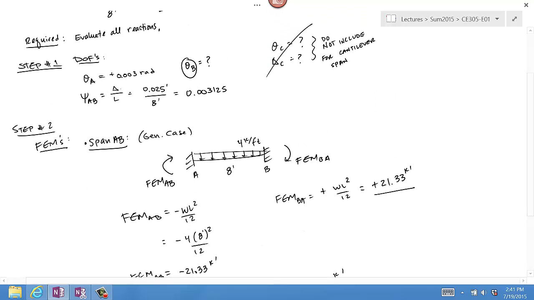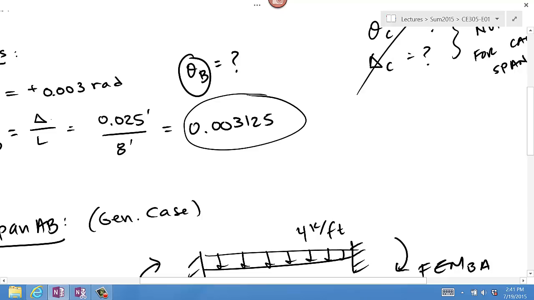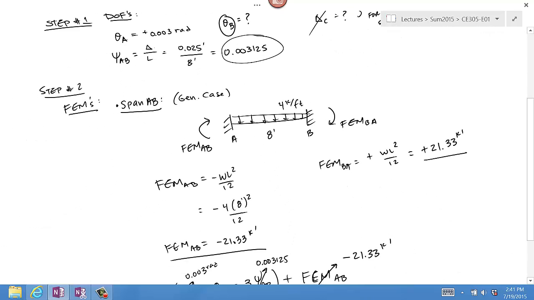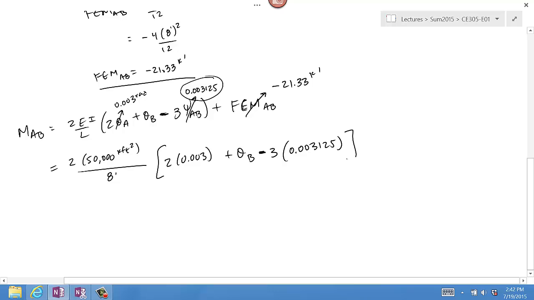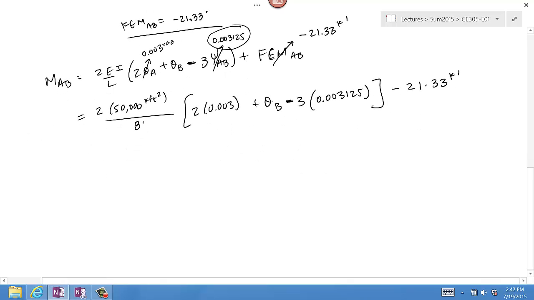So the psi term was a positive number. So you throw that into the equation as a positive number right here, for psi AB. The negative was part of the original equation. So when you simplify this, you come up with 12,500 theta B minus 63.53. The units are in kip feet for the moment, MAB.